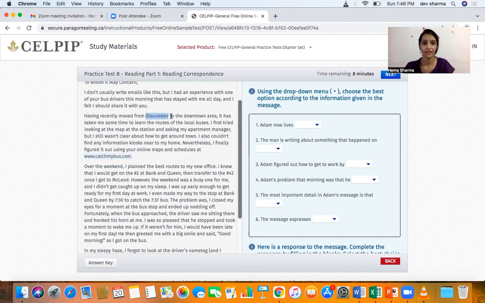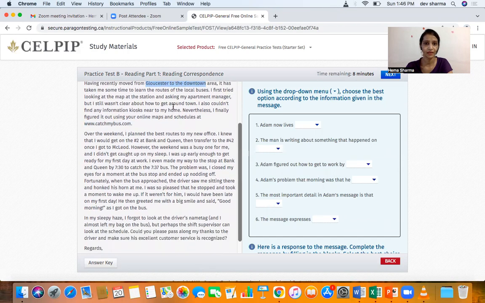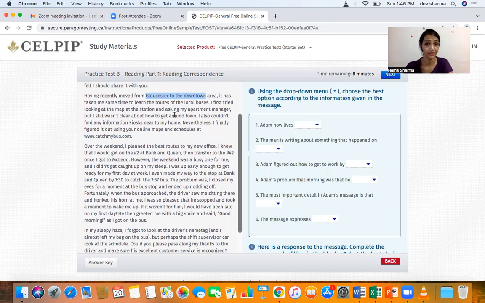Now, this is Gloucester to downtown. So he has recently moved. That means earlier Adam was living in Gloucester and now he is living in the downtown area. So you need to make a note of that. Just write the main points. I'm sure you have understood that it took him some time to learn the routes.